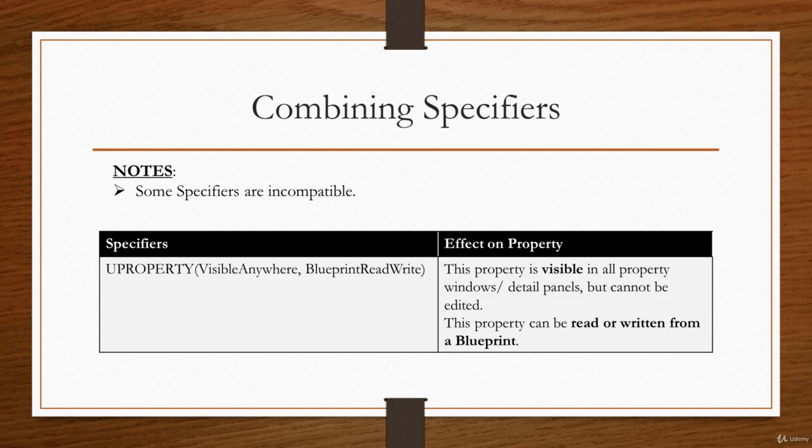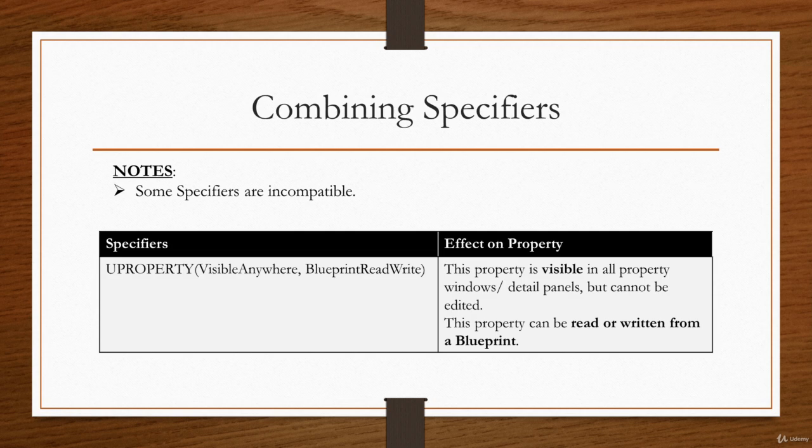So we have UPROPERTY, visible anywhere, and blueprint read-write. This is one example. I'm not going to do all of the combinations. I just want to give you an idea, so that you can start thinking about these combinations. So visible anywhere, again, what does that mean? It means that this property is visible in all property windows, so on the details panels, again on a per instance basis.